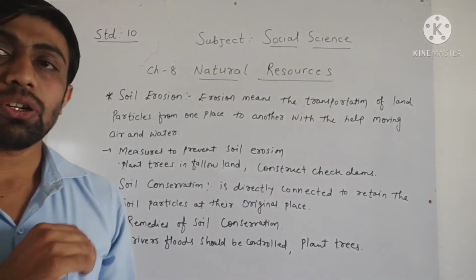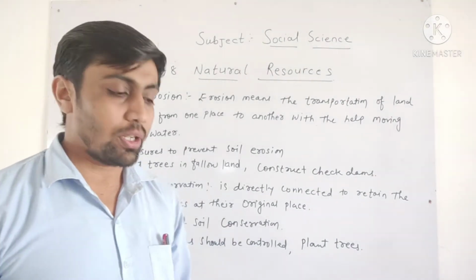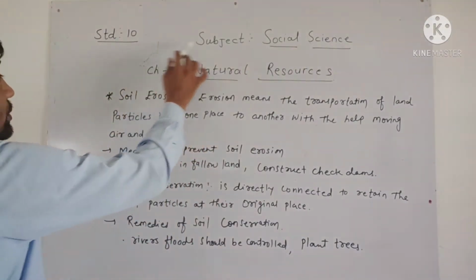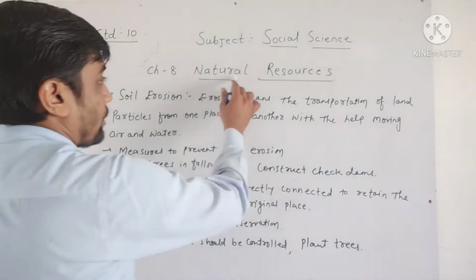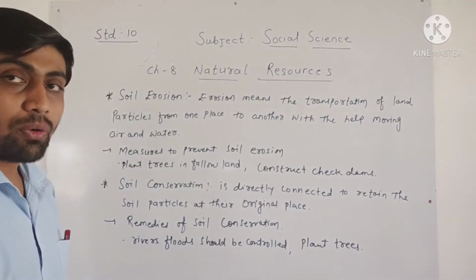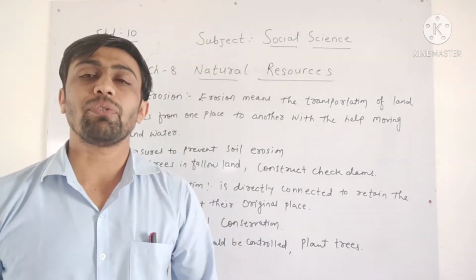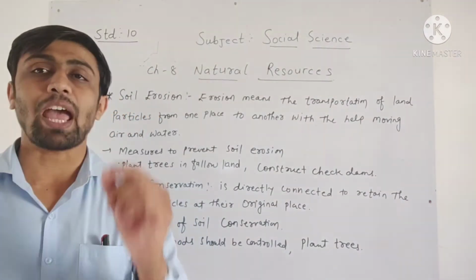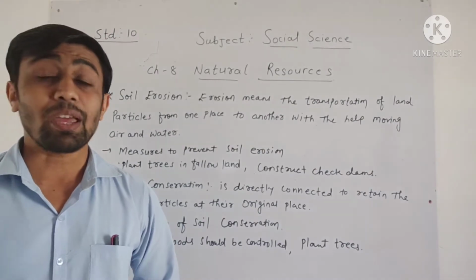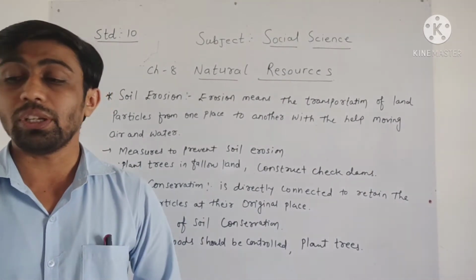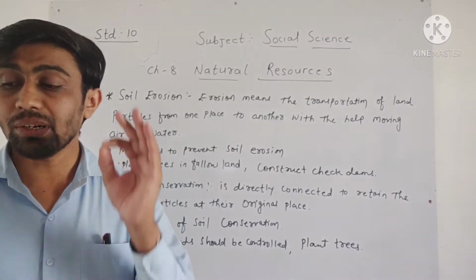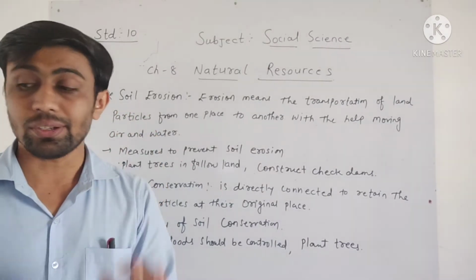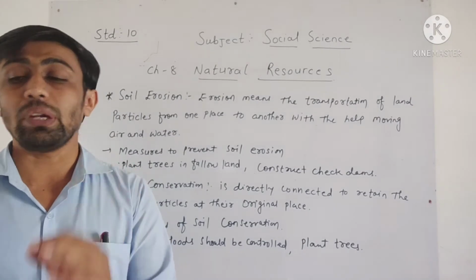Dear children, today we have to learn in standard 10 subject social science chapter number 8. The name of the chapter is natural resources. Now dear children, you know very well that in the previous lecture we have learned about the types of the soil. In these types of the soil, we have to learn that according to ICAR, it means Indian Council of Agriculture and Research, divided the Indian soil into the 8 types.